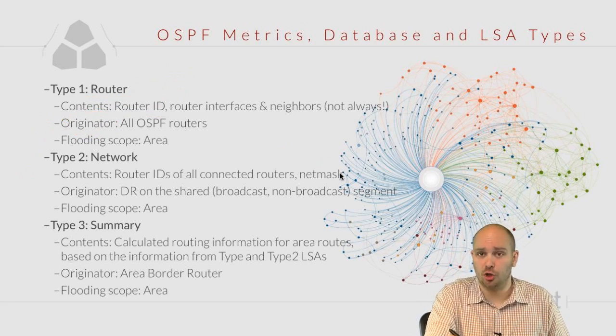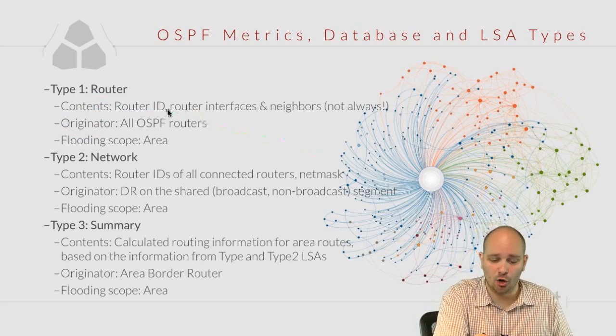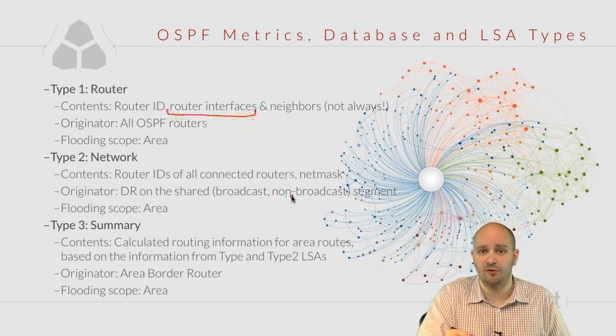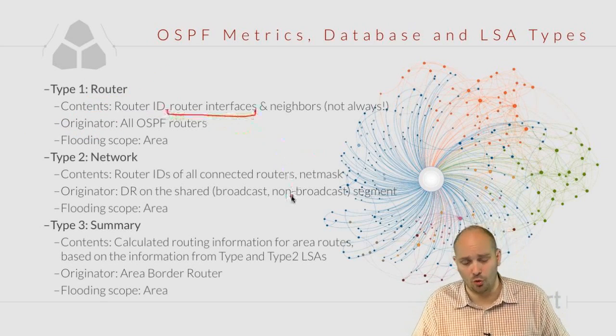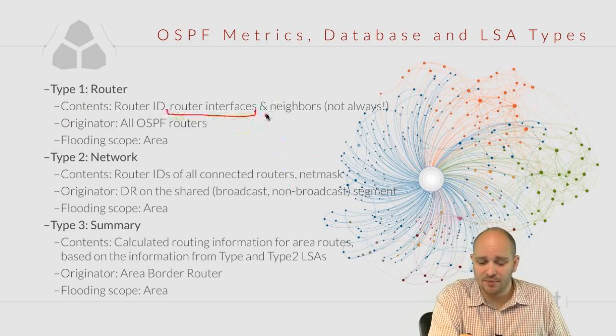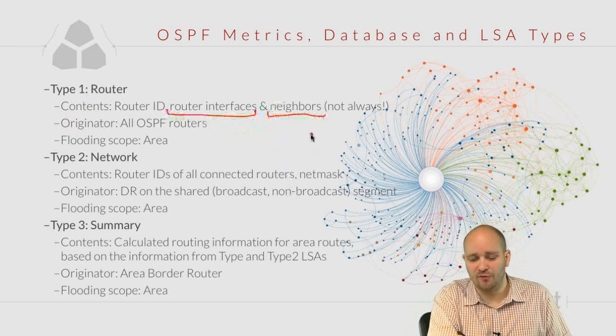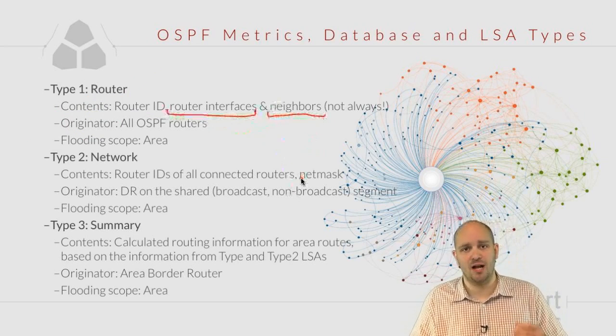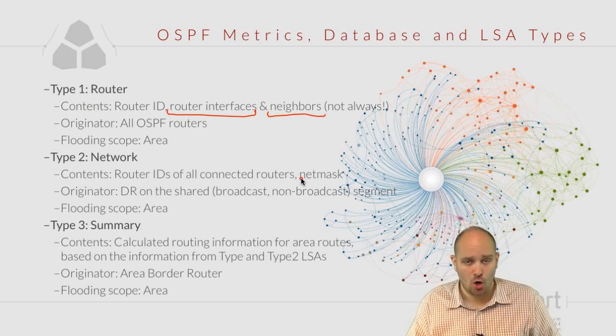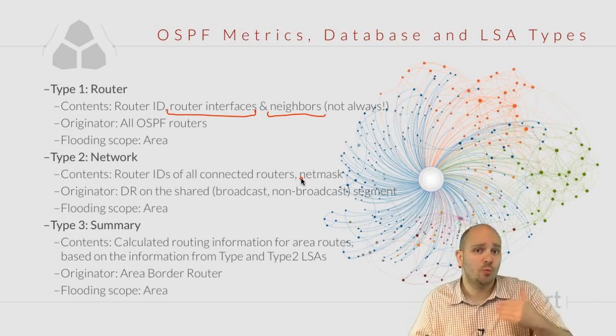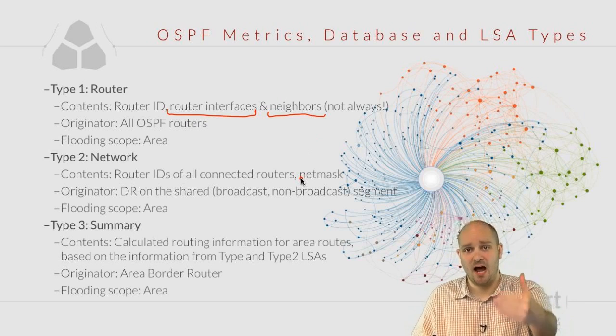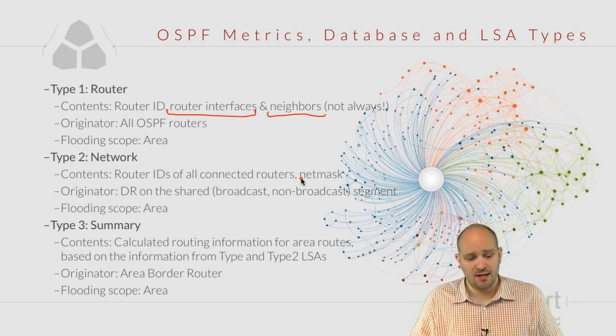Also, additional contents of type 1 LSA are going to be all router interfaces that have been enabled for OSPF, and in some cases, depending on the interface type, we are going to have the information about the relationships on those links. Do we have any neighbors, and are we adjacent to those neighbors?